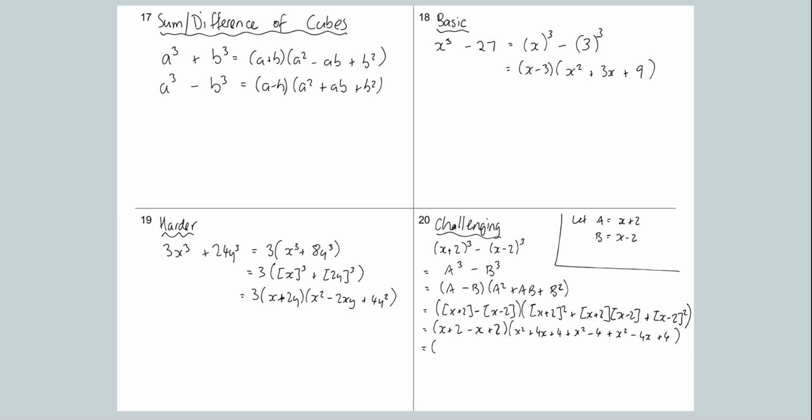The first bracket is x plus 2 minus x plus 2. So the x's will cancel out. 2 plus 2 is 4. Don't actually need that bracket. Now, when I've got a long expression like this, I like to use something to tick off the terms so I can keep track of what I've added up, what I haven't. x squared, 2x squared, 3x squared.